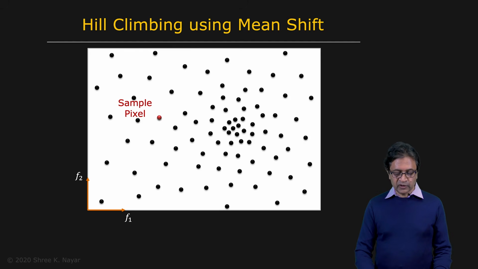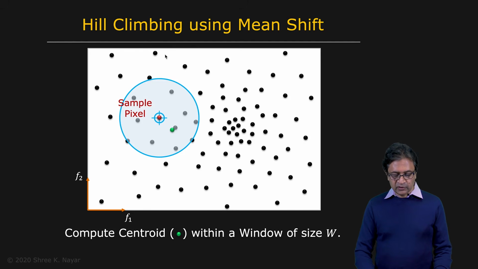So what we're going to do is view this pixel location as the mean value for that pixel. So if you simply take that pixel, its mean value is its current location itself. And then we're going to take a window around it of some size. Let's say the radius of the window is W. So window of size W.